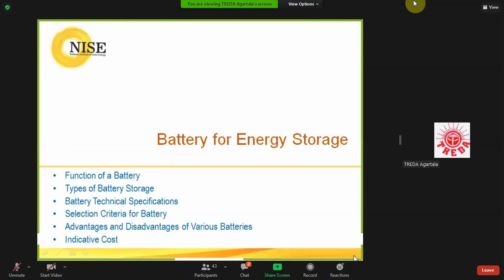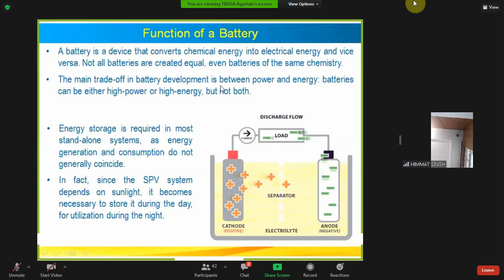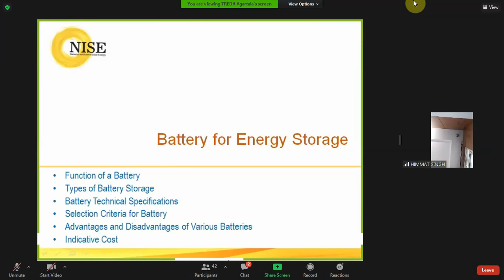The battery for energy storage: the function of a battery, the types of storage, battery technical specification, selection criteria of battery, advantages and disadvantages of the various batteries, and indicative cost.